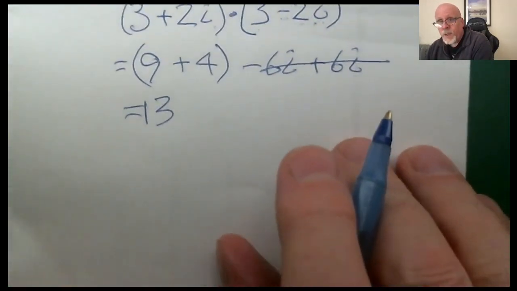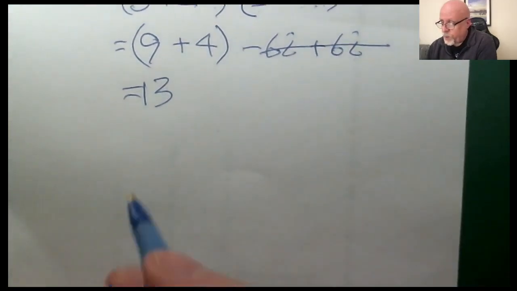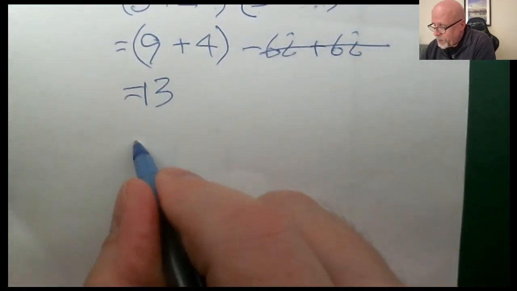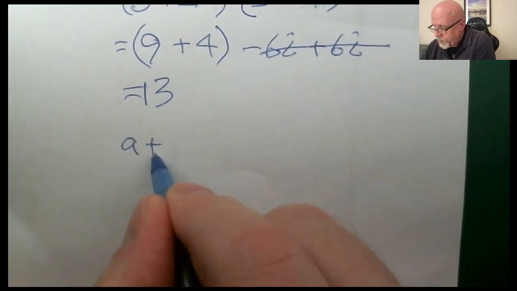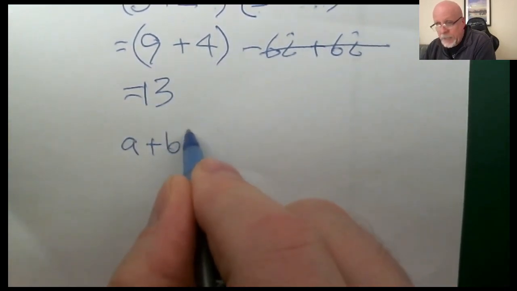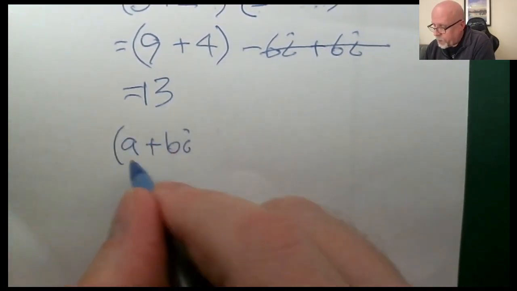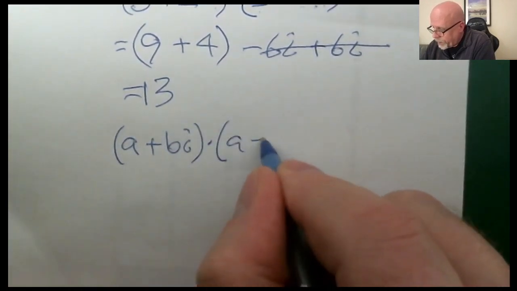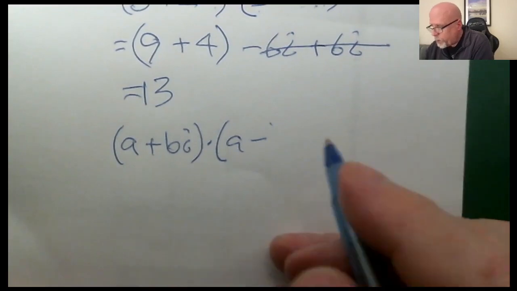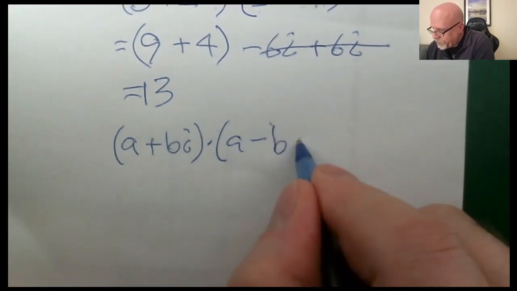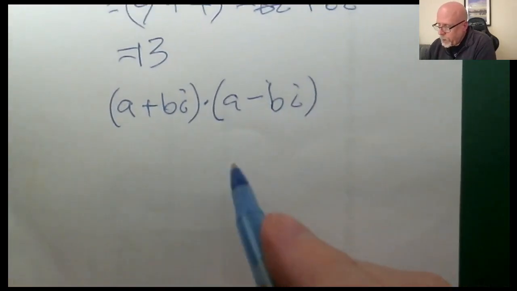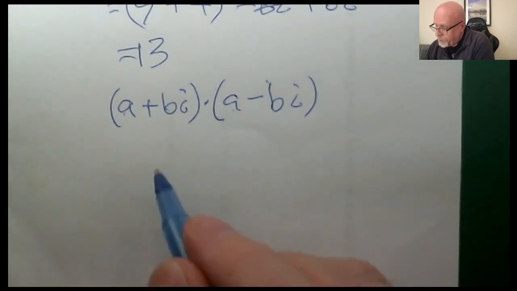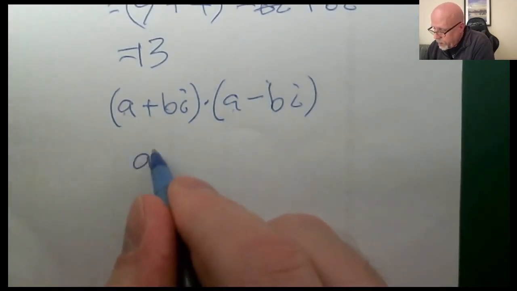We can even do complex conjugation in general, and it's nice to see what happens in the general case, because there's an easy formula for the product of a number with its conjugate. So I'm writing the complex number, not an actual number, but one with variables in it. You see that first times first is a squared.